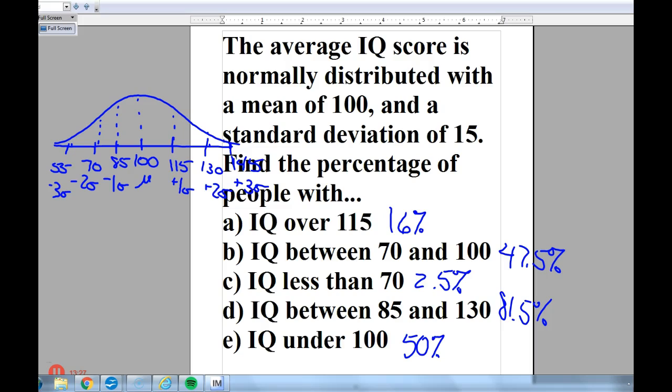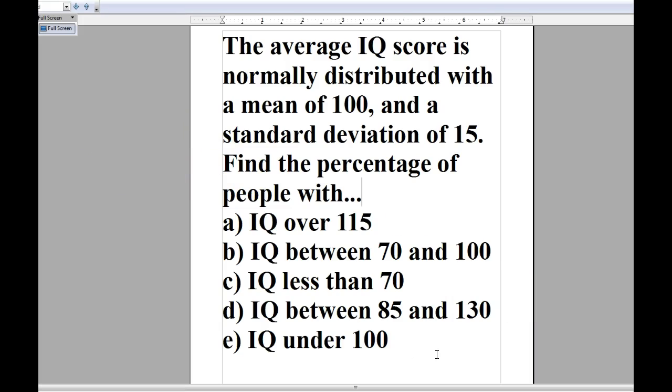Yes. Is 100 the median? Yes. Why are those the same? There's no skew, right? If there's skew, it pulls the mean one way or the other, but when it's symmetric like this, they're right in the same spot. Questions on this?